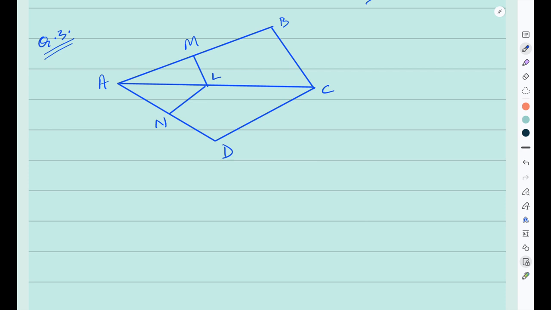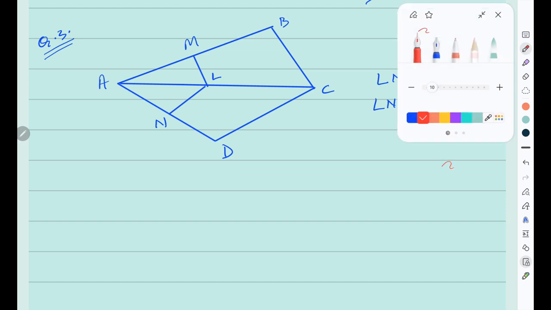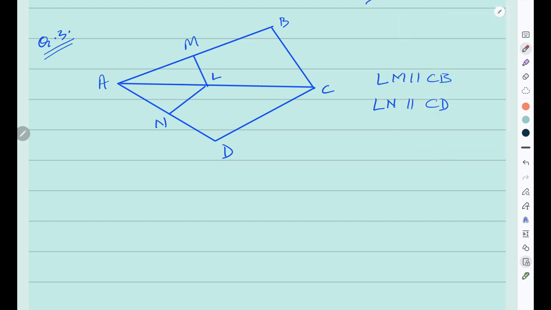It says that LM is parallel to CB and LN is parallel to CD. LM is this one, which is parallel to BC, and LN is parallel to CD.